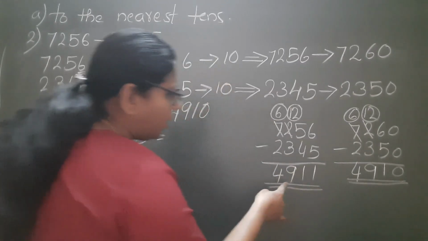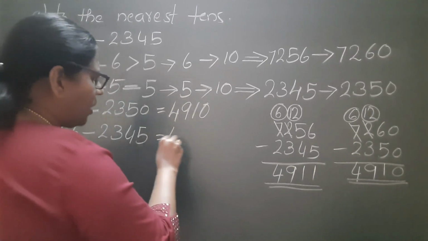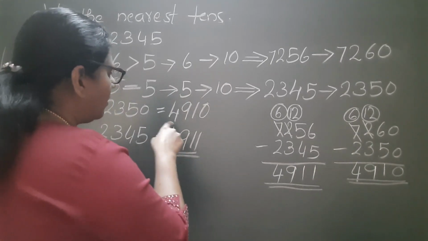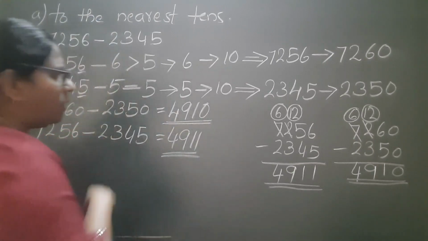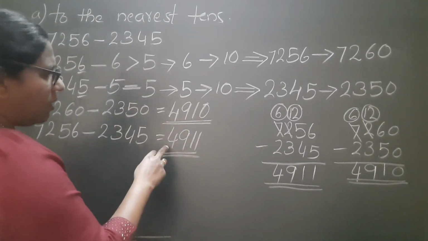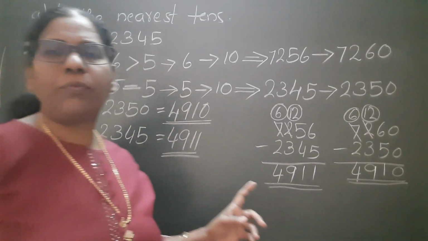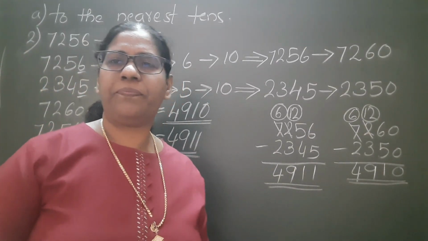So the actual difference is 4911. This is after rounding off, and this is the actual difference without rounding off. This is how we have to solve this.